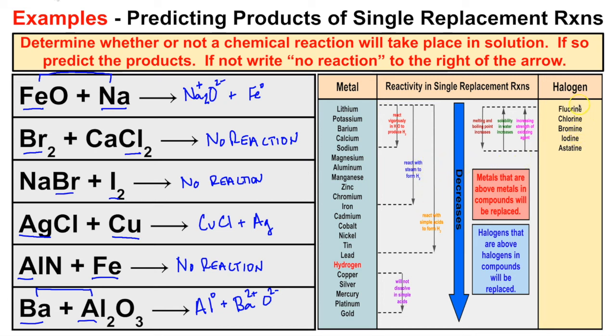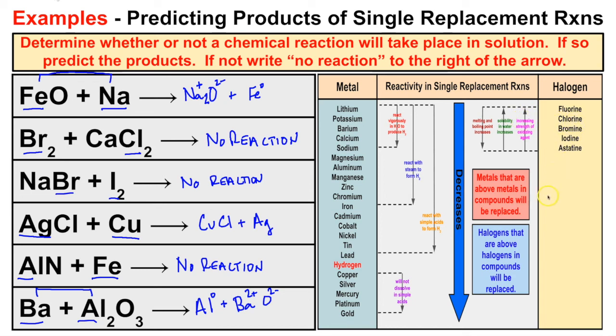And keep in mind as well that whenever you have any one of these halogens, well, fluorine, chlorine, bromine, and iodine, they are all diatomic molecules. What does that mean? Well, if you remember from an earlier video, if they're not bonded to another atom on the periodic table of elements, they will always be bonded to themselves and form diatomic molecules.